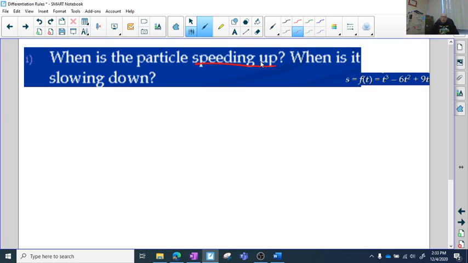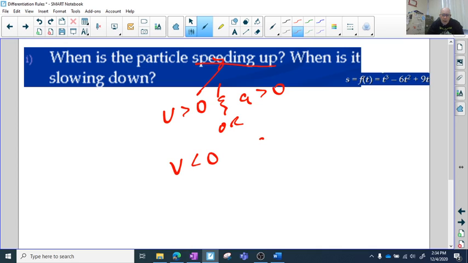So in order for a particle to speed up, what has to happen is the velocity would have to be positive and the acceleration would be positive, or the velocity would be negative and the acceleration would be negative. So the velocity and the acceleration just have to be working together and not against each other. So let's look at an example of one of those.